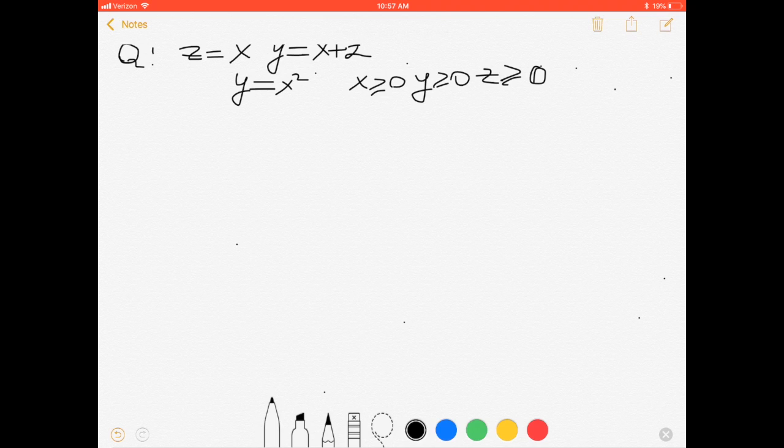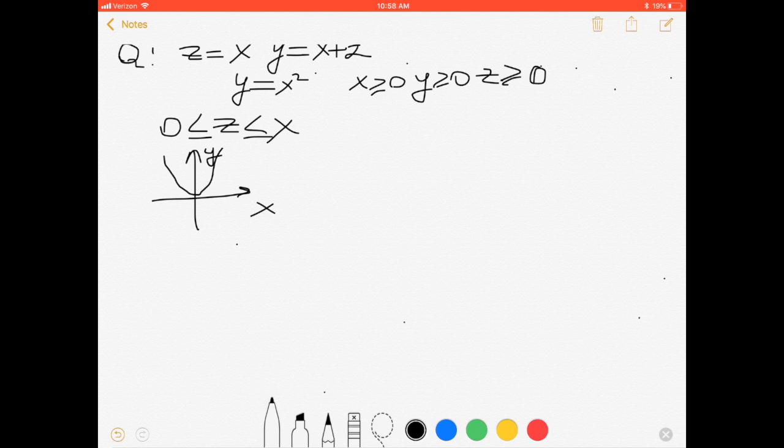Okay. First you can see, because it's all positive, z changes from 0 to x. Great. What about y and x? We have the parabola y equals x squared.